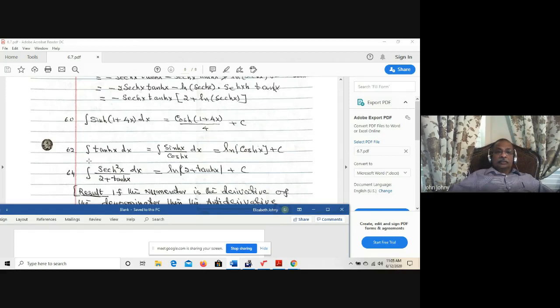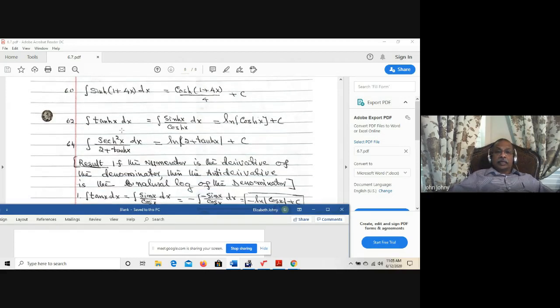Then 62. The integral of tanh x dx is sinh x over cosh x dx, which is equal to natural log of cosh x plus c, because the numerator is the derivative of the denominator. If the numerator is the derivative of the denominator, then the answer is the natural log of the denominator.